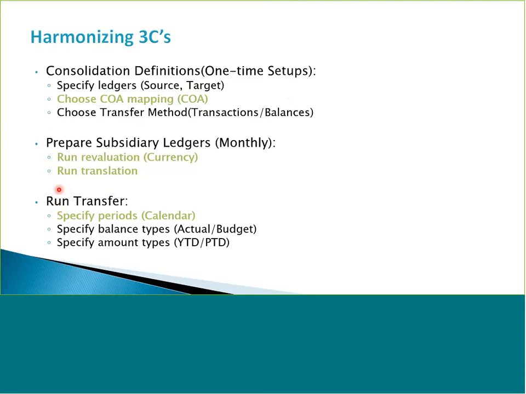That is when we specify what period in the source ledger is going to be mapped to what period in the target ledger. So harmonization of the 3 C's takes place, albeit at different stages.